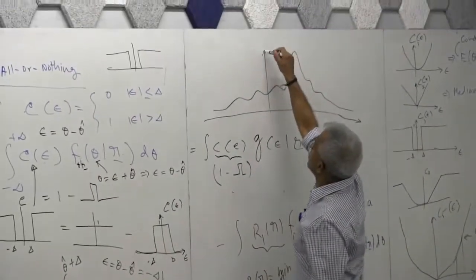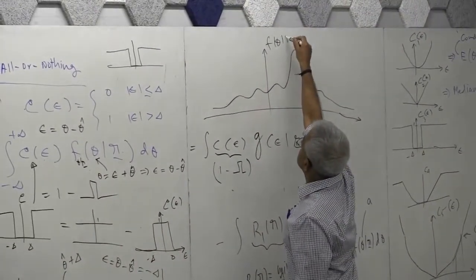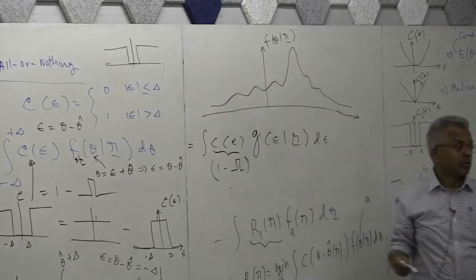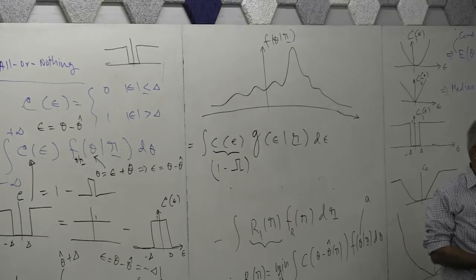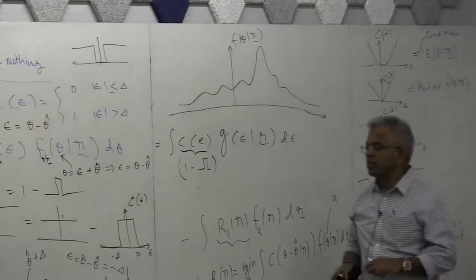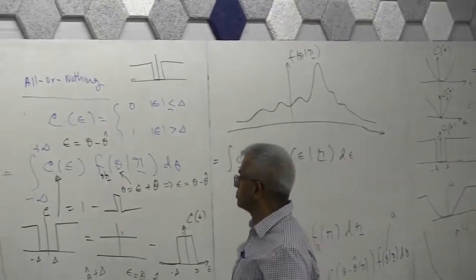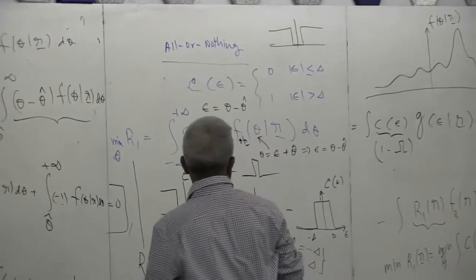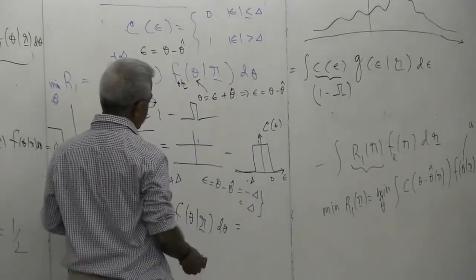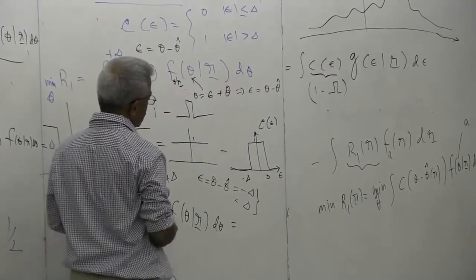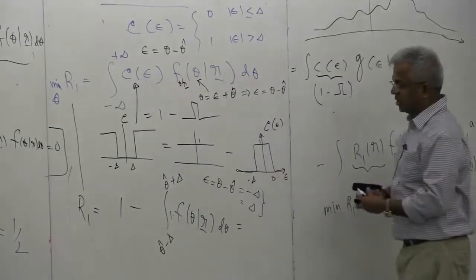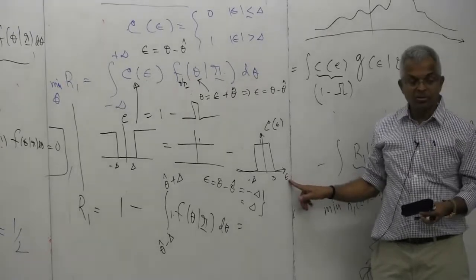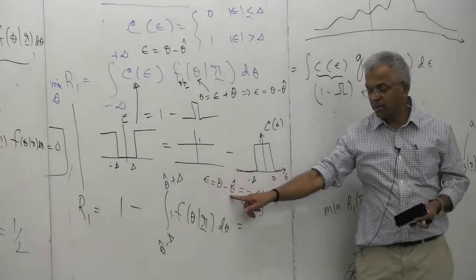Should I explain a bit more, or is it fine? Let me mention this one more time. The question is, what are the limits here? This function goes from minus delta to delta, but this is on epsilon, and epsilon is theta minus theta hat.